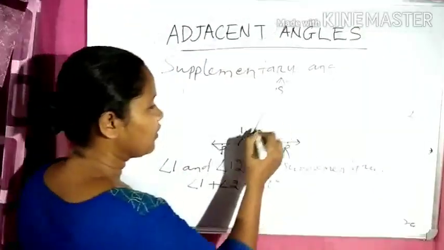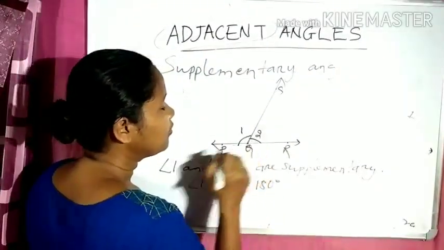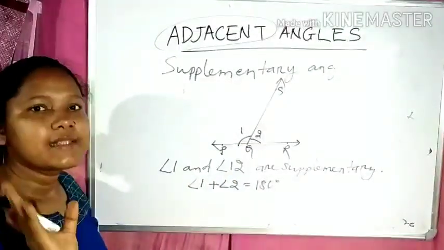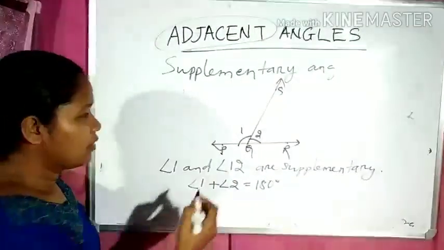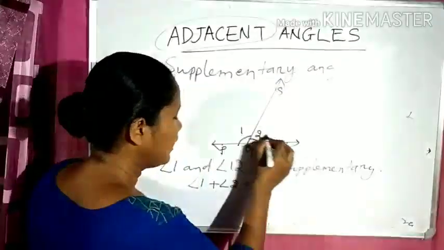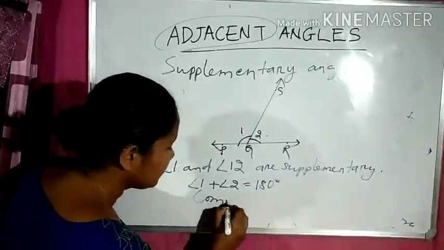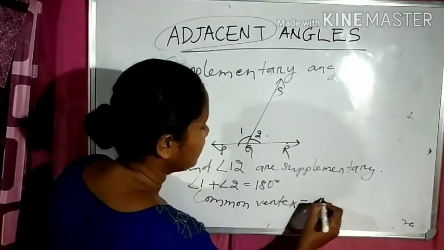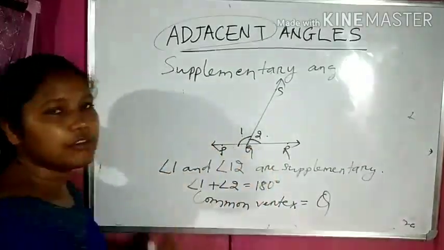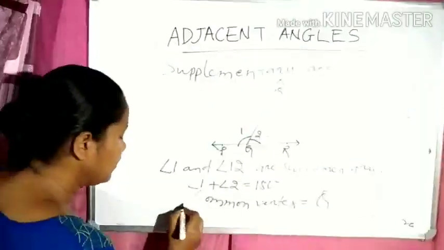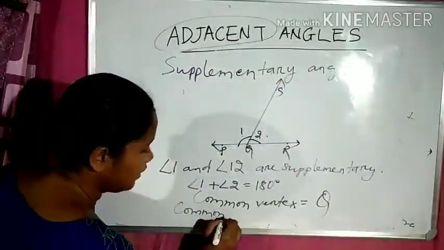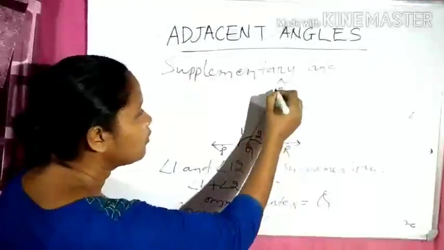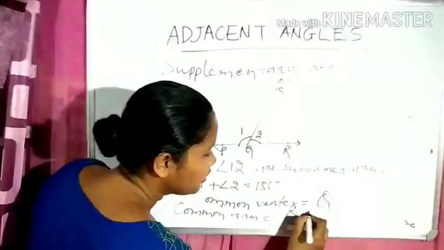Let's see. For adjacent angles we need 1 common vertex and 1 common arm. Here the common vertex for angle 1 and angle 2 is Q. Then, do they have a common arm? Yes, the common arm is QS.